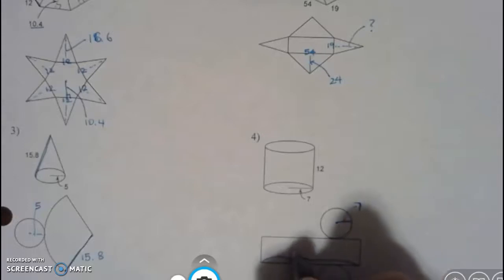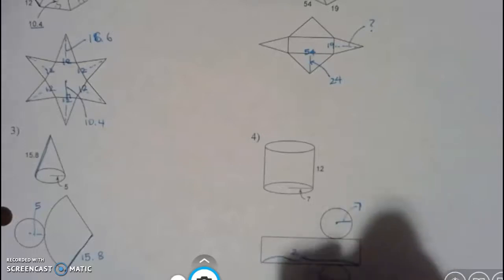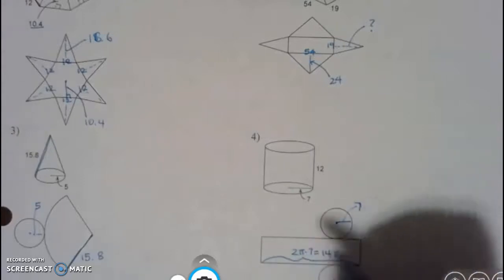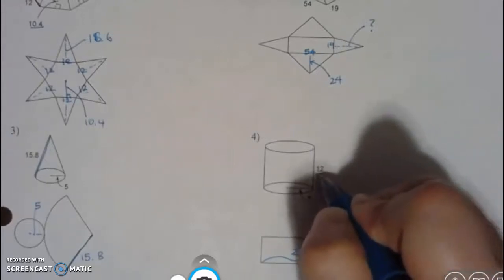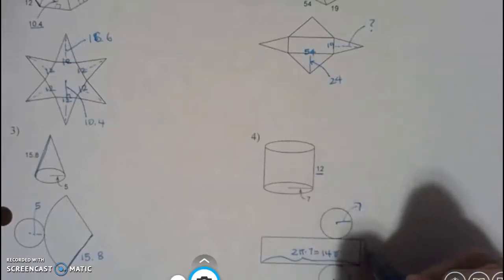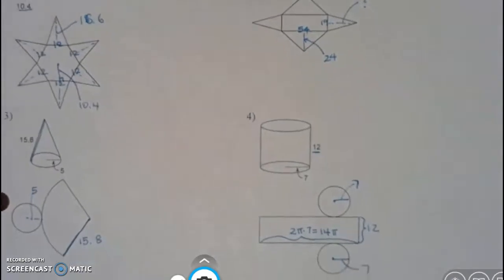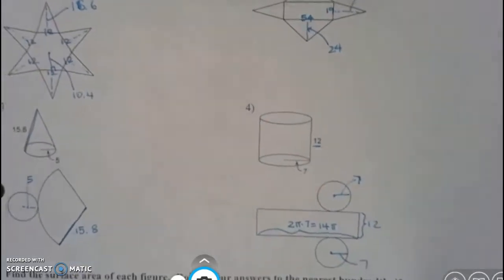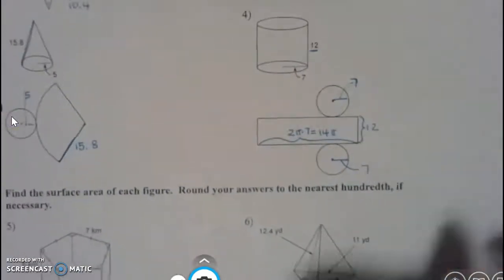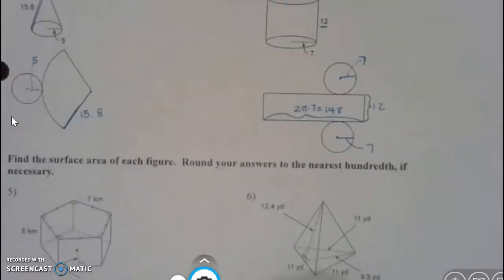It's going to be 2 times pi times 7, which is 14 pi. So this length is going to be 14 pi. What about the height? Height is 12 units here. This is 12. All right, so that's just the net. Okay, now let's go on to surface area of each figure.